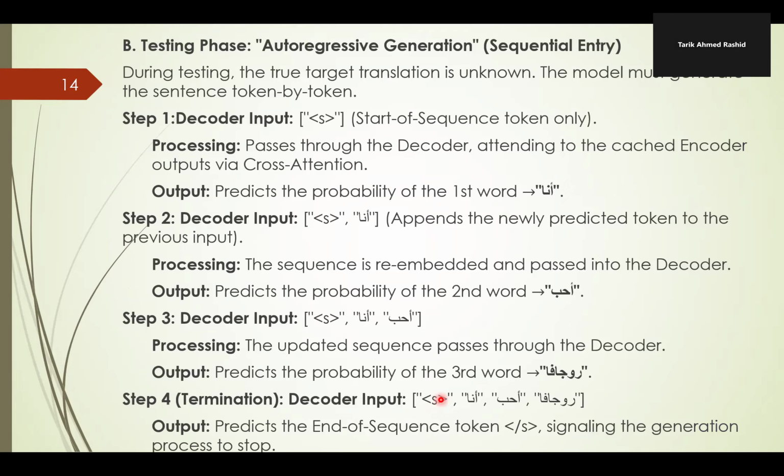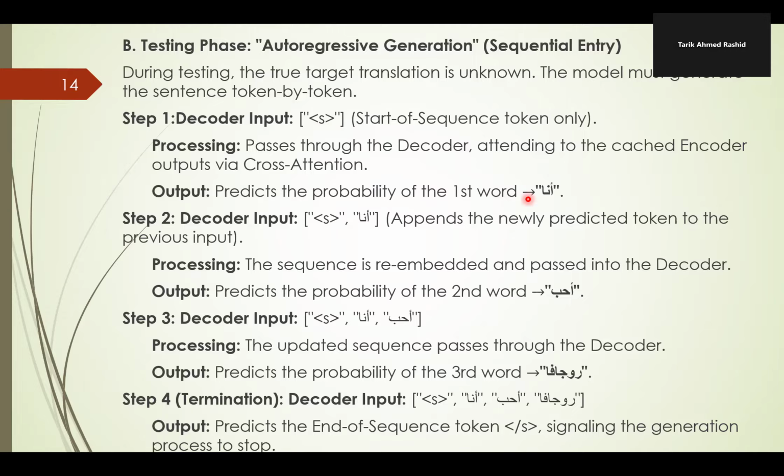During testing, the true target translation is unknown. The model must predict the sentence token by token. So, for example, the decoder input is the start token. We process it with the decoder, and this token attends to itself, but it cannot attend to other future tokens.